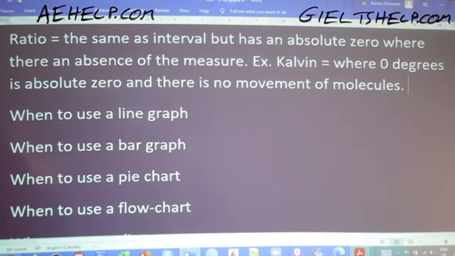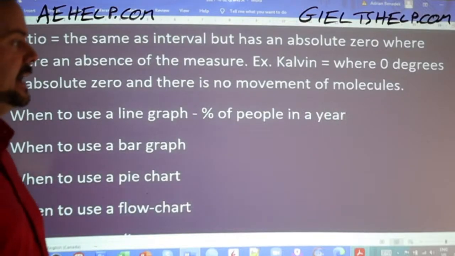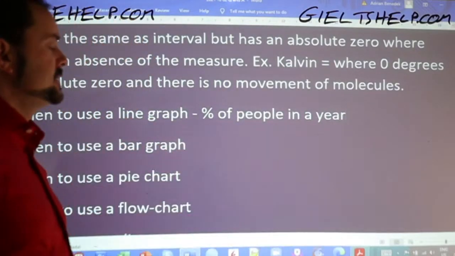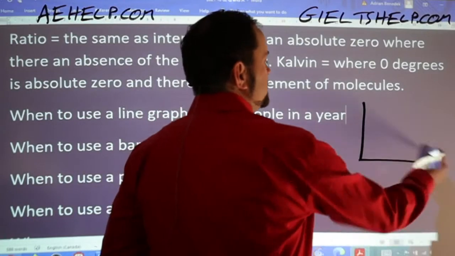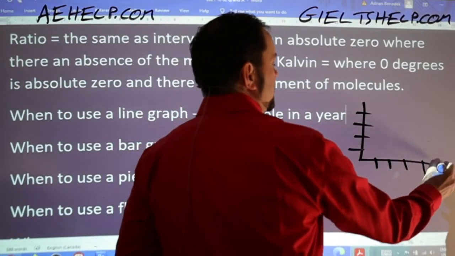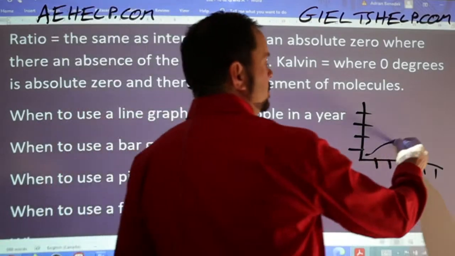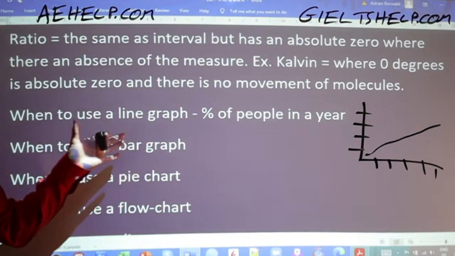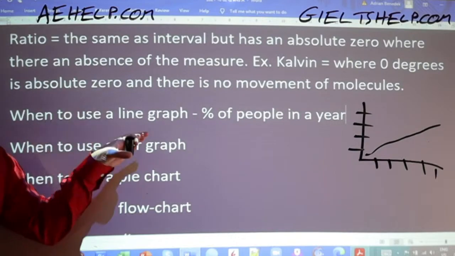So I'll give you an example. When you have a line graph, does anybody know what kinds of data line graphs are used to compare? You often will have percent of people, let's say, in a year, with some numbers here and some numbers here. What kind of information is a line graph presenting to you?